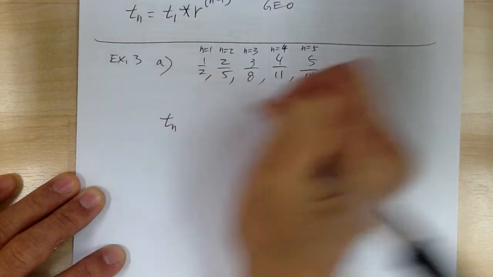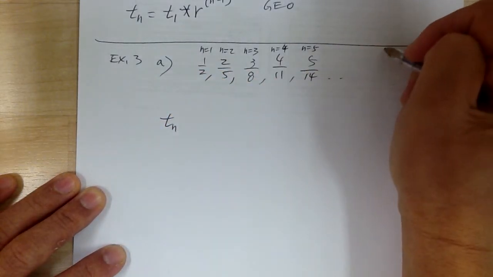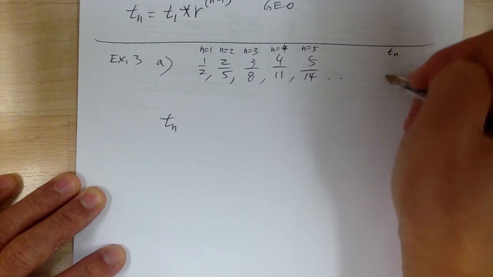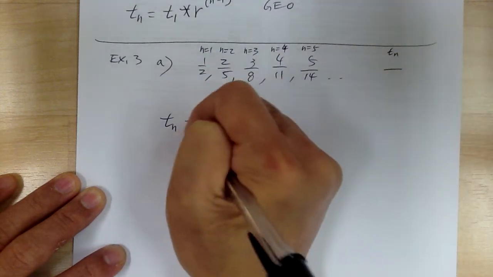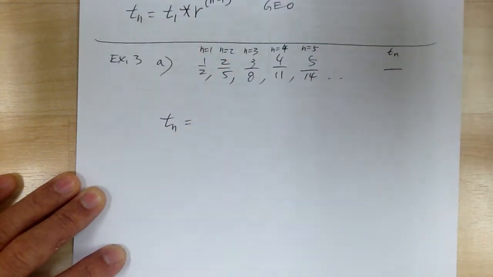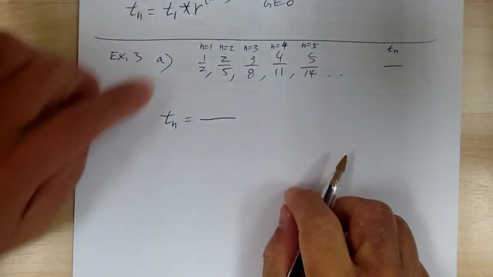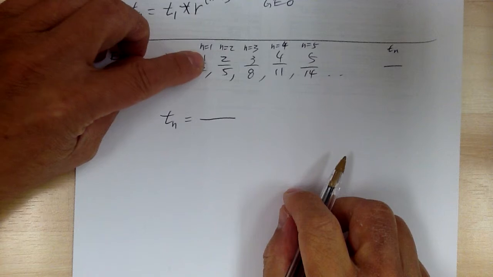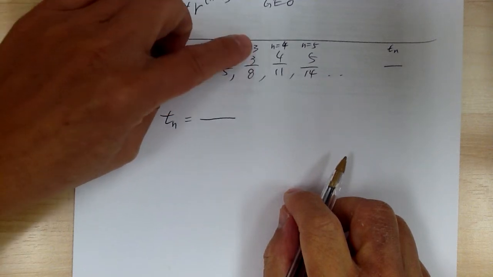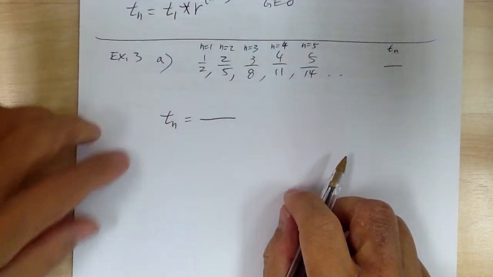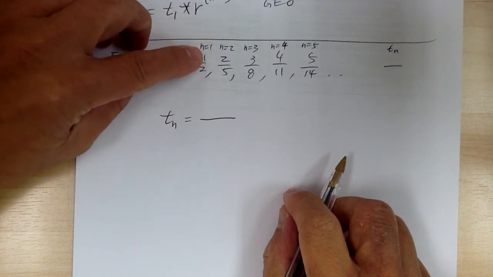So here's your t of n, right? Remember what I said: if it's neither, you do each part individually, right? So look at the top. What's the relationship between the numerator and the n? They're the same, right? So whatever the n is, that would be your numerator.